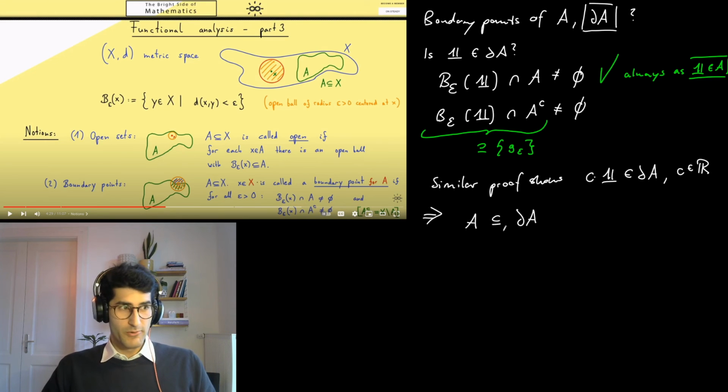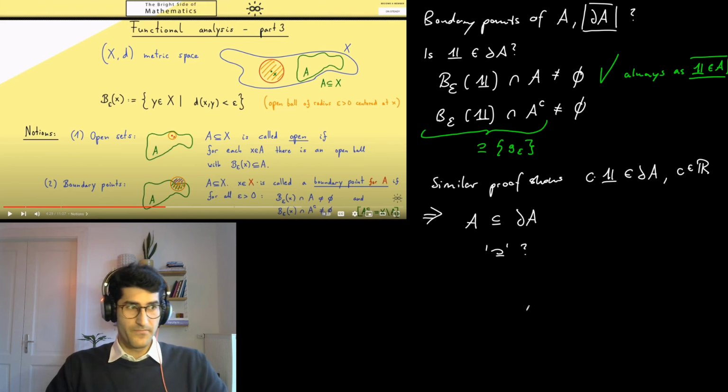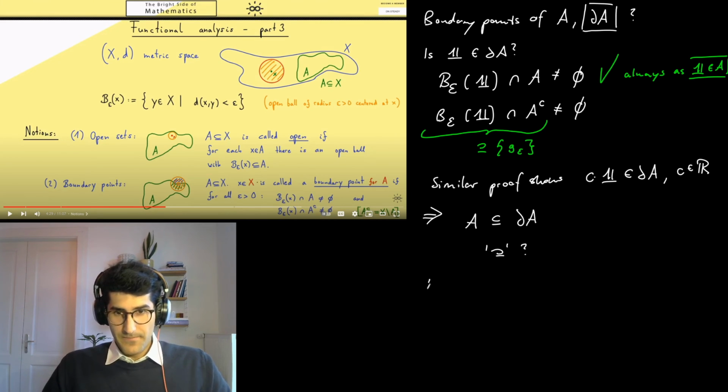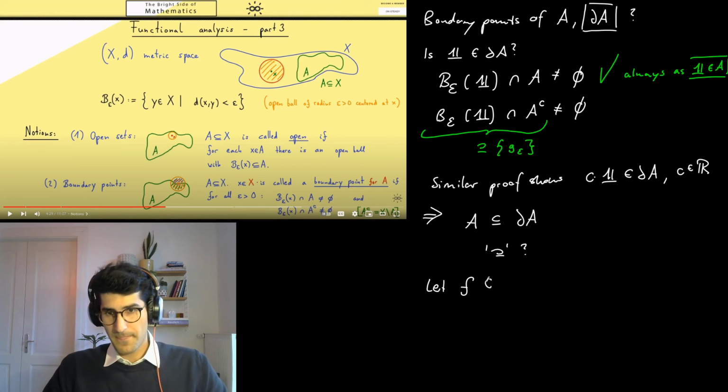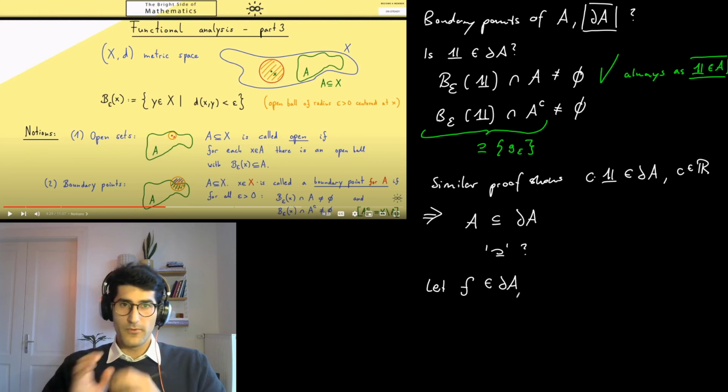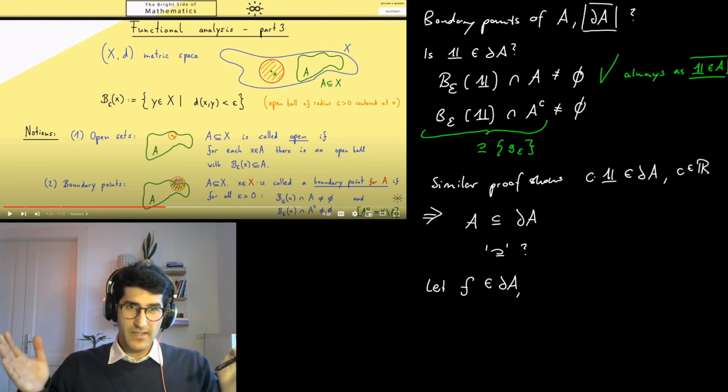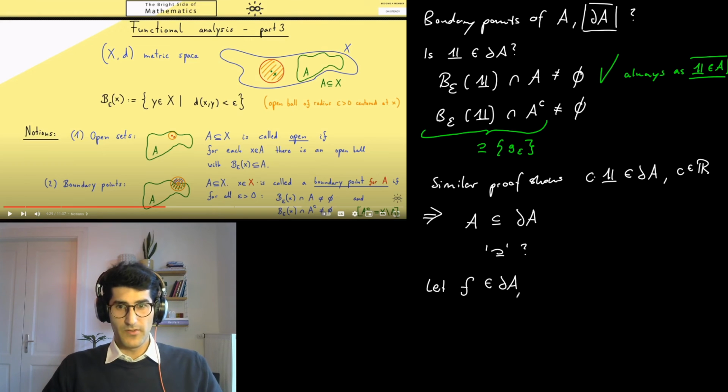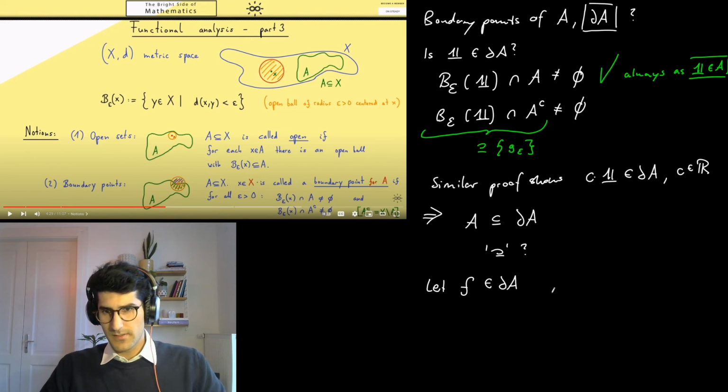So we have one inclusion. What about the other inclusion? Is it true or is it not? Well, let's see. Let's take a function f from the boundary of A. This function can either be constant or it can't be constant. So let's assume f is not constant.